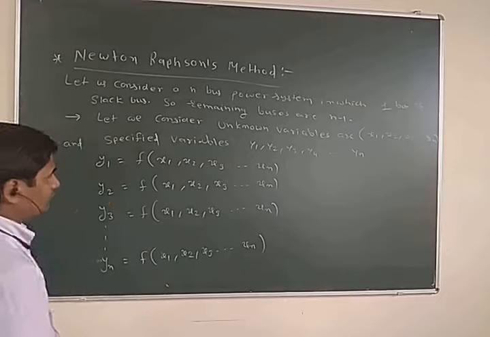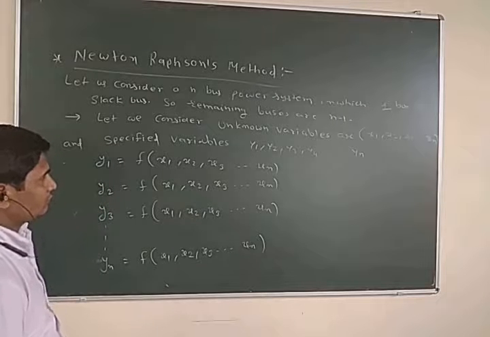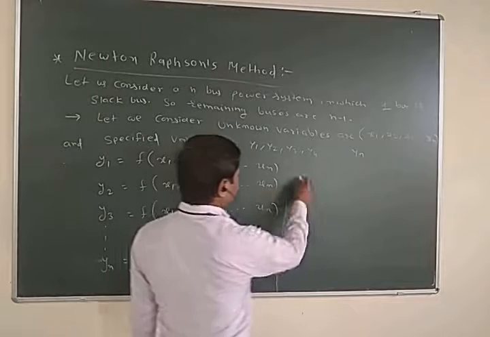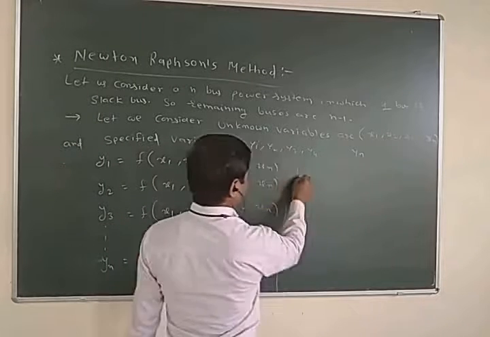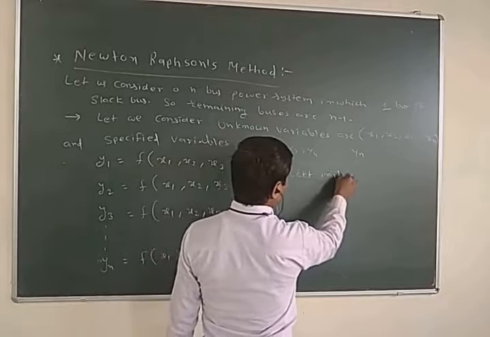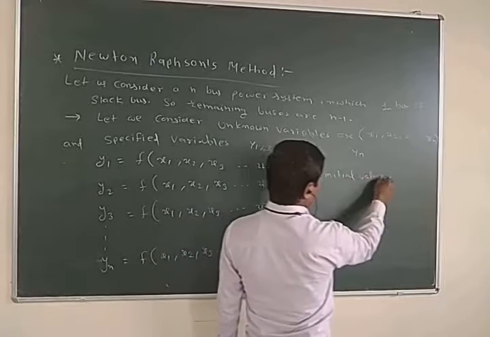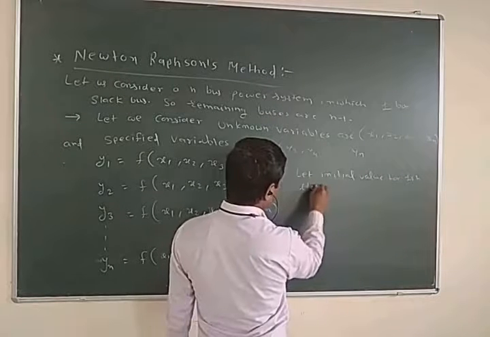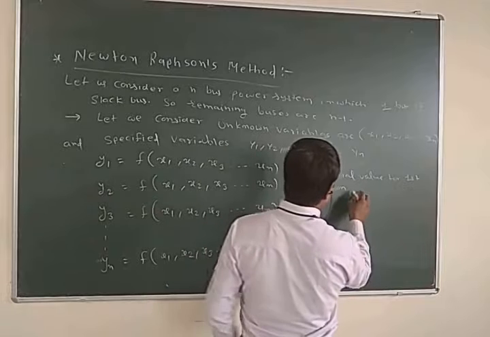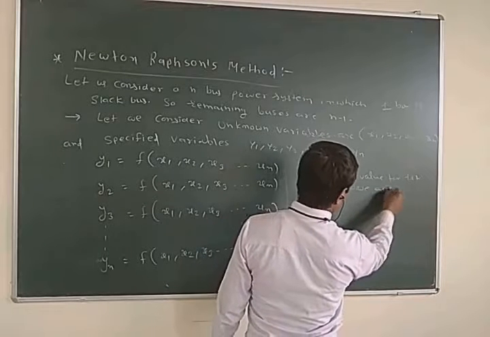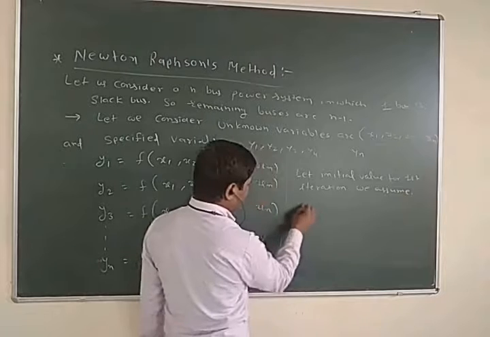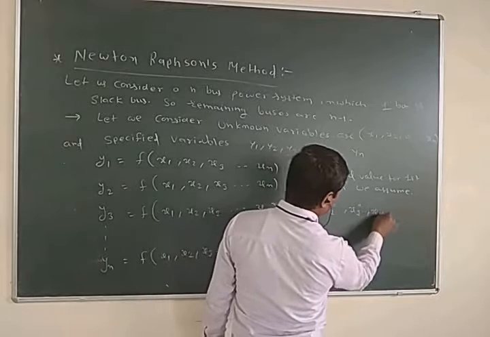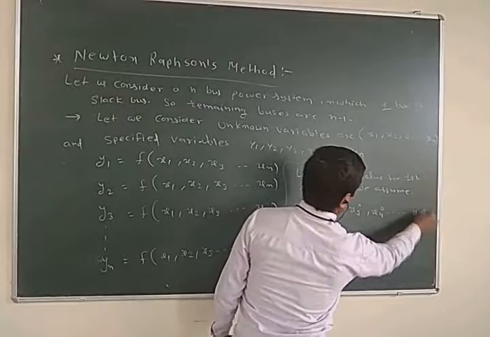Let the initial value for iteration or first iteration, we assume x1 0, x2 0, x3 0, x4 0 dot xn 0.